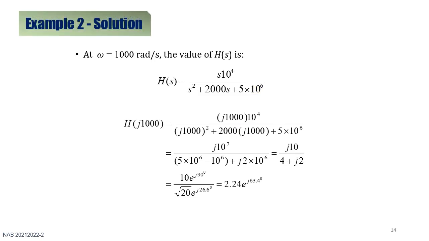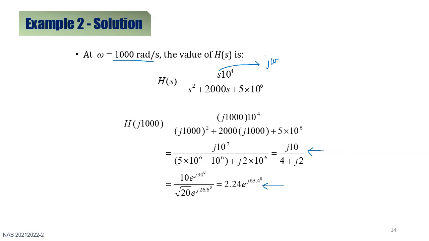Okay, at omega equal to 1000 radian per second, S equals J omega. So we replace omega with 1000, and then you will have the complex equation in rectangular form. Finally, you need to convert the equation into polar form.